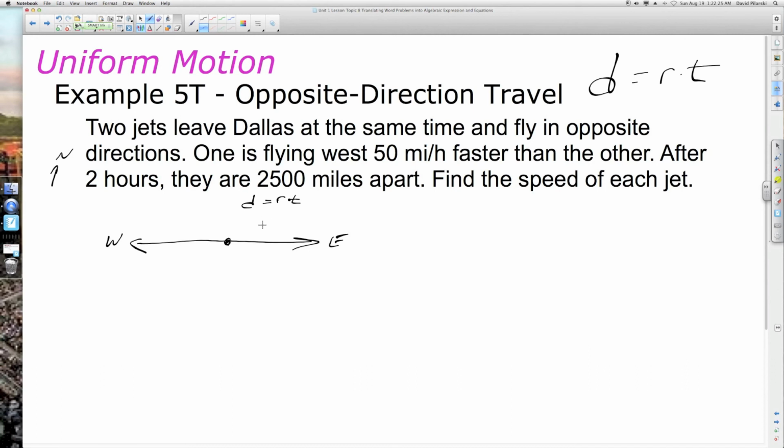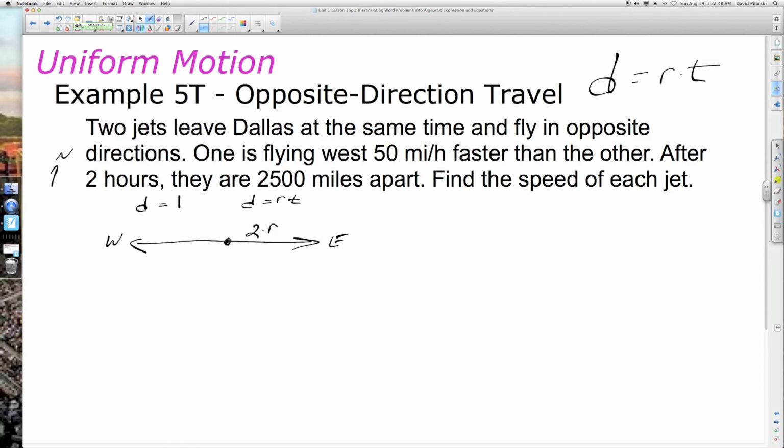We're told that the planes are traveling for 2 hours. We have to multiply that by the rate. We don't know the rate of the plane going east, but we do know the rate of the plane going west is 50 more than this. So for this plane, we're simply going to say the distance is equal to 2 times r. 2 times the speed of this plane.